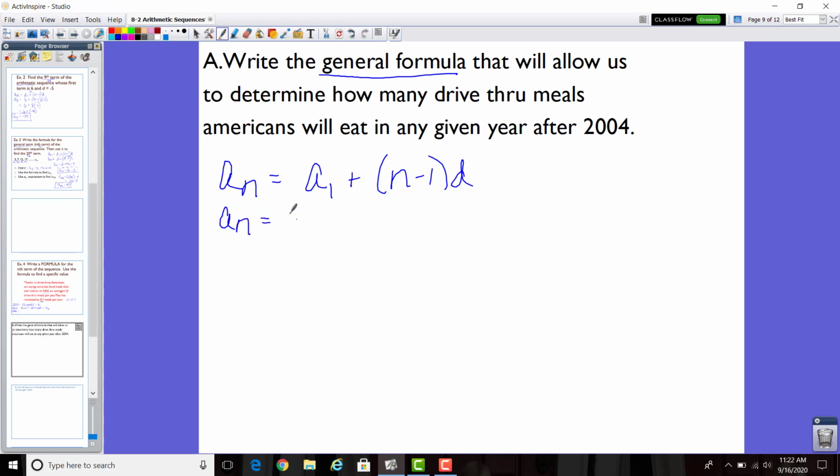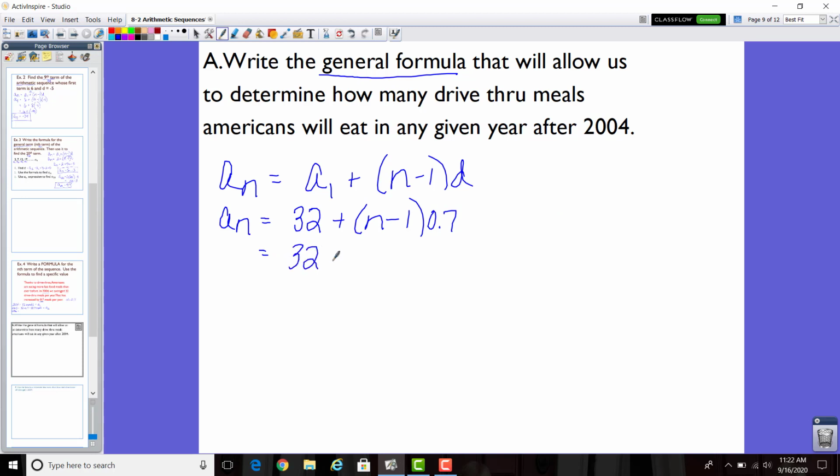If we're looking for the general term, n stays n, because we want to be able to change n then to any year. So the first year the study was done, we ate 32 meals. And when that study is repeated, we found that we averaged 0.7 more each consecutive year.